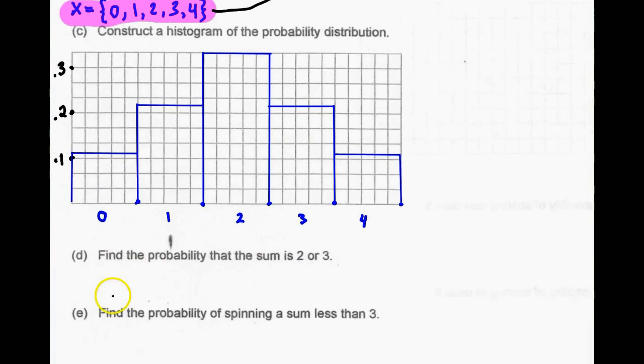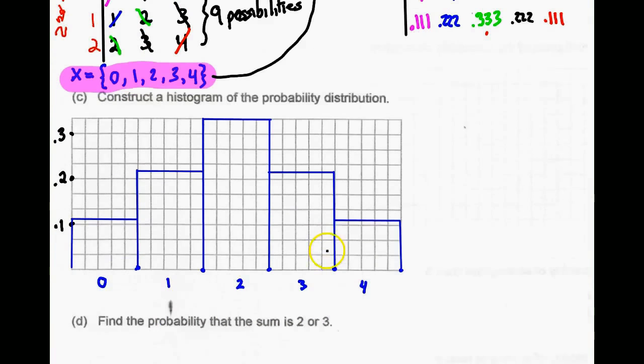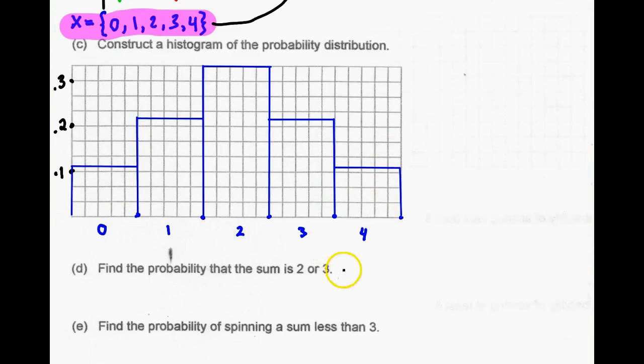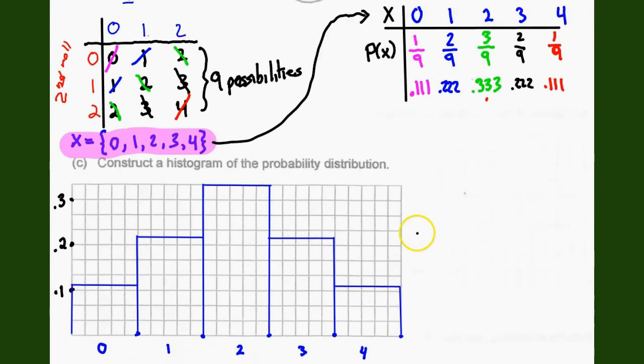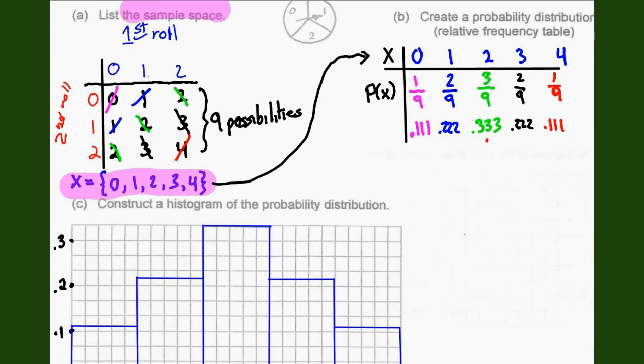So now let's look at D, E, F. Find the probability that the sum is 2 or 3. So we want to find the probability of 2 or, which is the same as plus, probability of 3. Basically, just have to go up here and look at it.